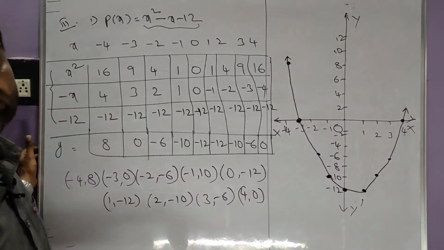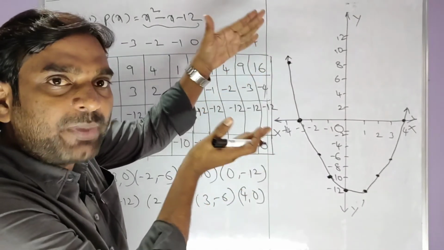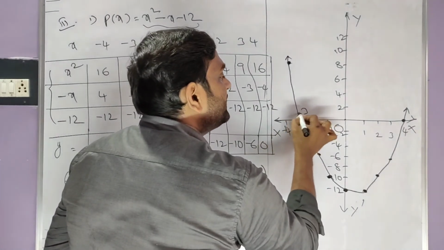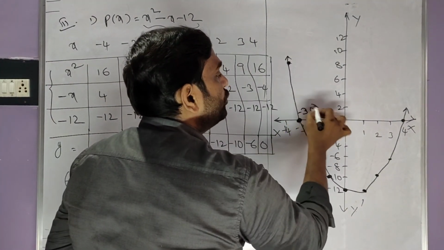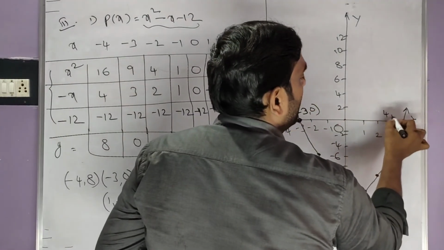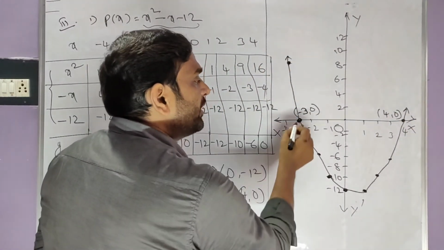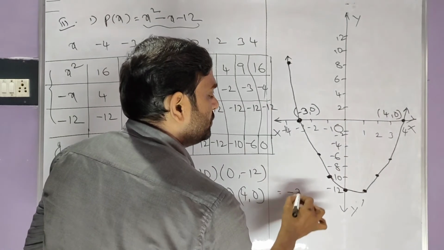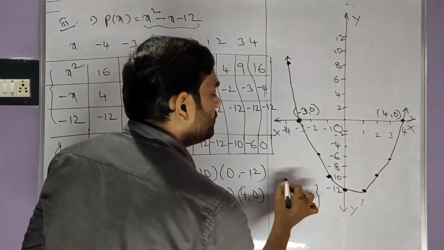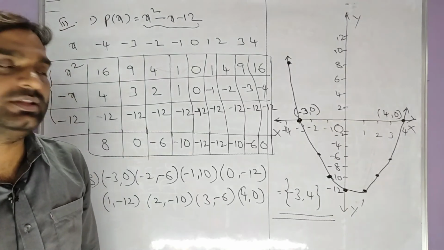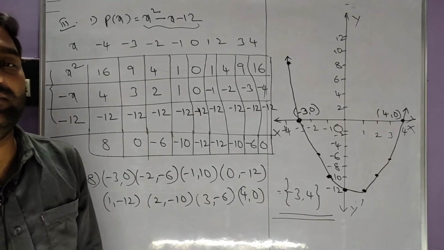This curve, this parabola, intersects the x-axis at minus 3 comma 0 and 4 comma 0. What are the x coordinates? Minus 3 and 4. So these two are the zeros of the given polynomial.